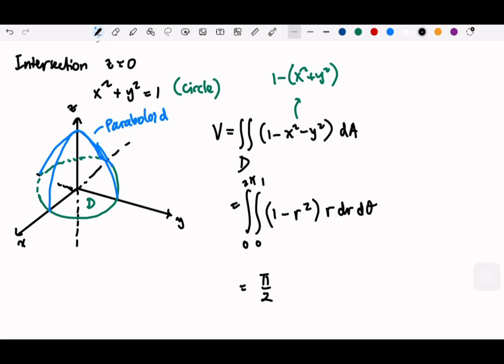If you want to use dx dy, you can do that, but I think the problem will be in the endpoints, because it's a full circle. Then for y we'll have the square root for both endpoints, and it adds some complexity.